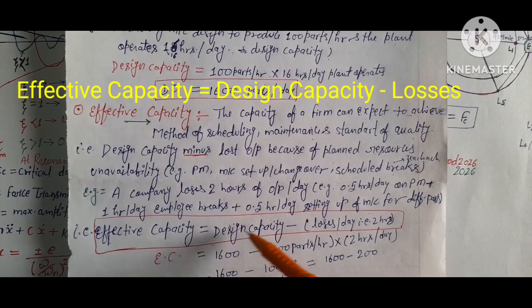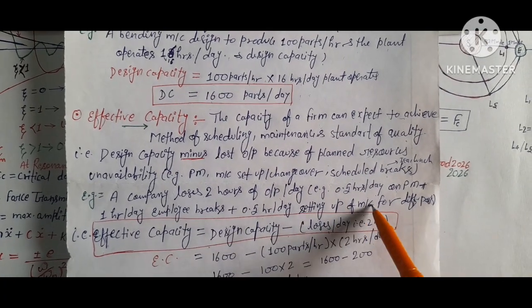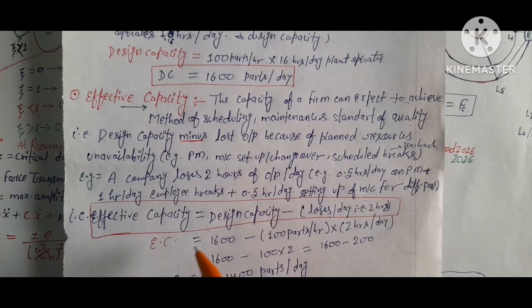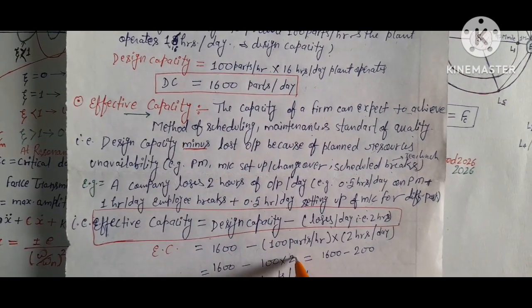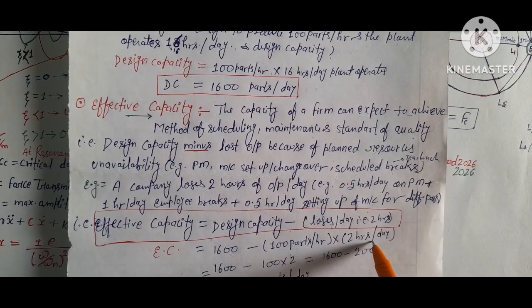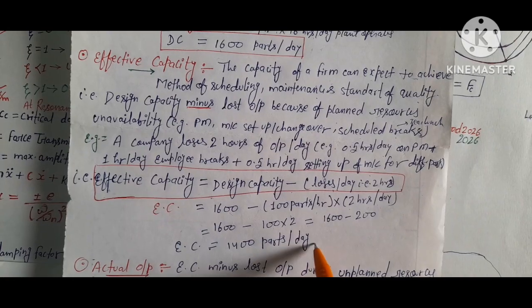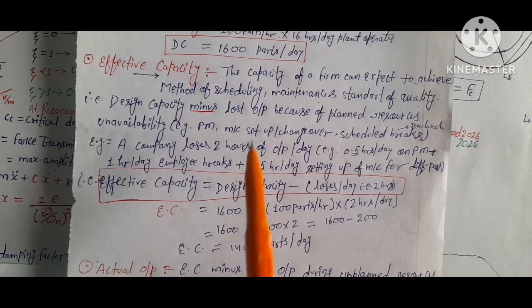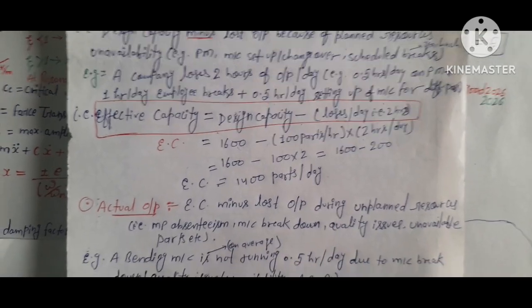Effective capacity equals design capacity minus losses per day. Here the loss equals 2 hours per day. So 1600 minus 100 parts per hour times 2 hours of losses is calculated as 1400 parts per day. That is the effective capacity of that particular machine, the bending machine.